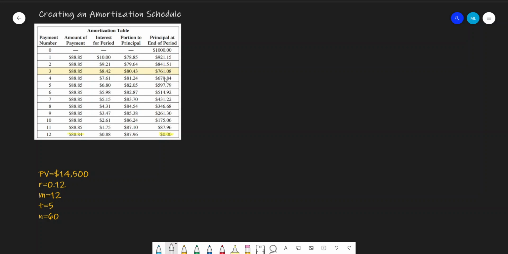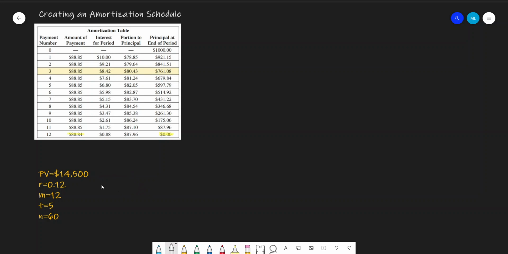So you keep repeating that process until you reach a balance of 0, and the last payment may need to be adjusted, for instance. That's the purpose of this video: how do we get the unpaid balance to go to 0, and then how do we figure out the last payment size or even just the amount of interest for that matter.